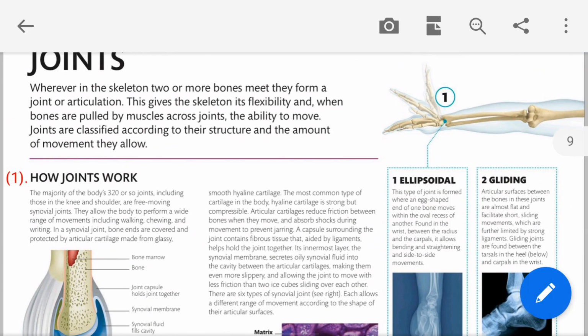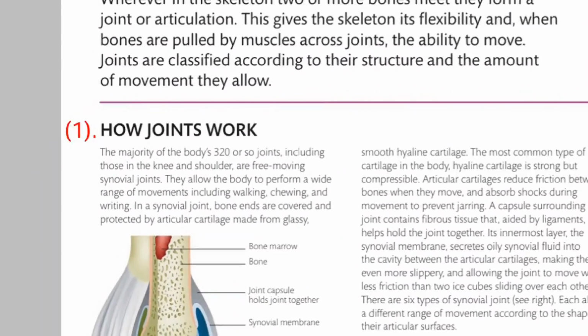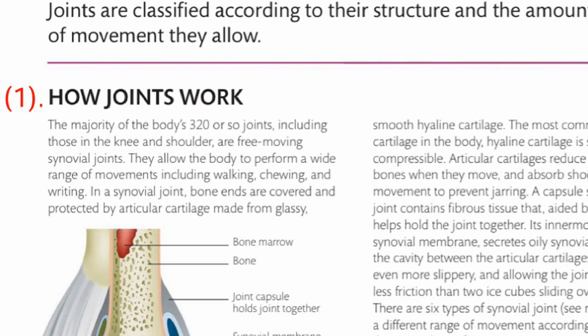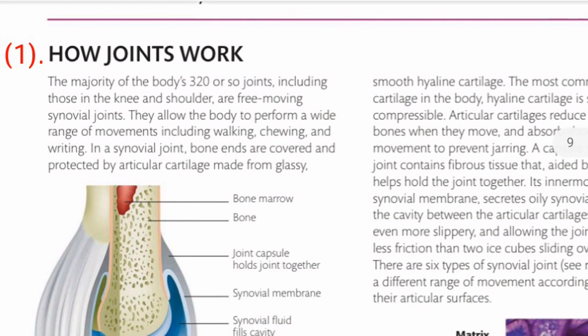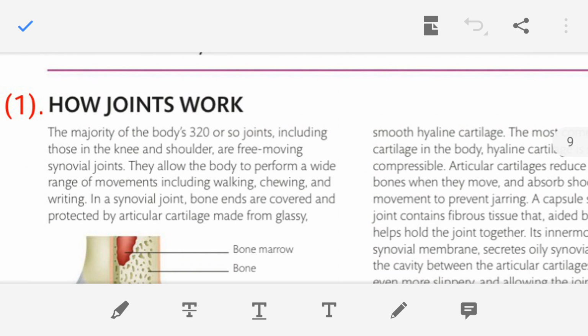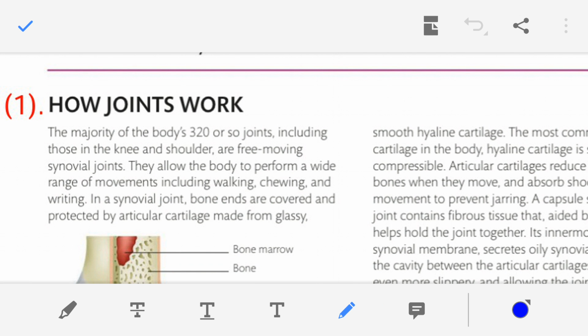Now we are starting this presentation lecture. What are the synovial joints? So this is the first point, how the synovial joint works. See, in our body there are approximately 320 or so joints, and the majority of them are the free moving or synovial joints.